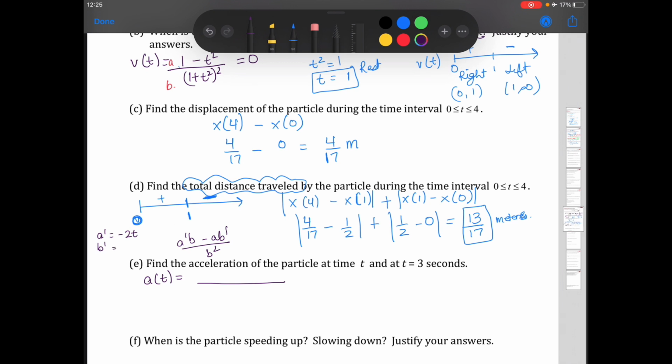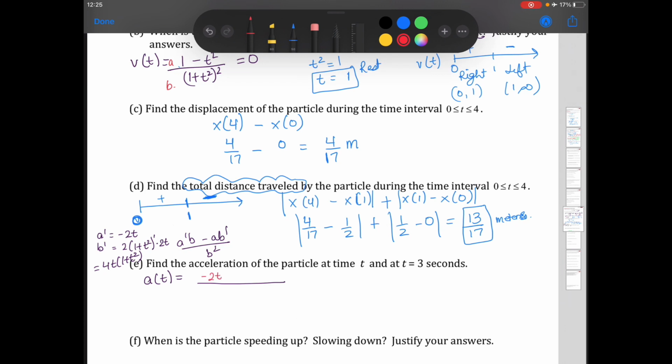B prime, you're going to do the chain rule here, it'll be 2 times parentheses 1 plus t squared to the first, times the inside 2t. If I simplify, it's 4t times 1 plus t squared. So we already know our a prime and b prime, and we are going to just substitute in.